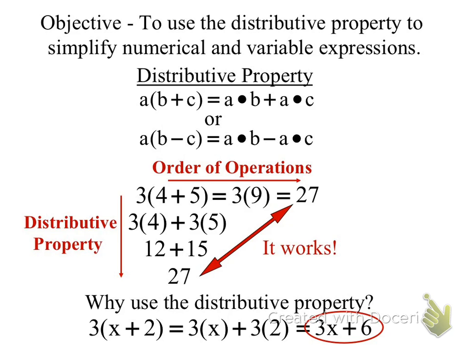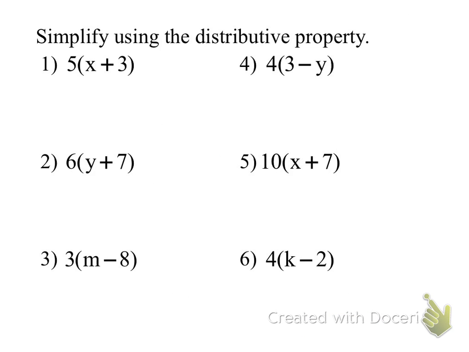All right, so let's practice this. Number 1, what's that going to look like? Pedro. 5 times x plus 3. You're not completely passing it out. When you distribute, you have to distribute to everything in there. 5 times x is correct. And x plus 3. No. What does this mean?